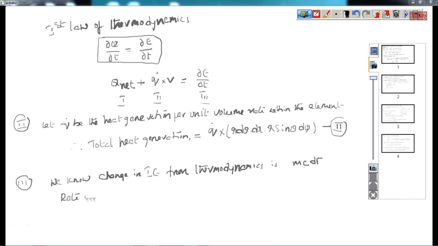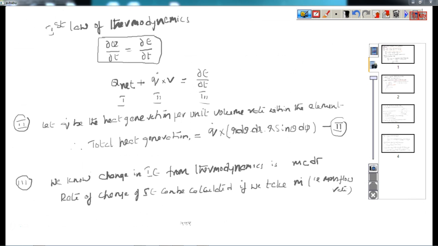Therefore, the rate of change of internal energy can be calculated if we take m dot, which is the mass flow rate, in place of m in the equation.